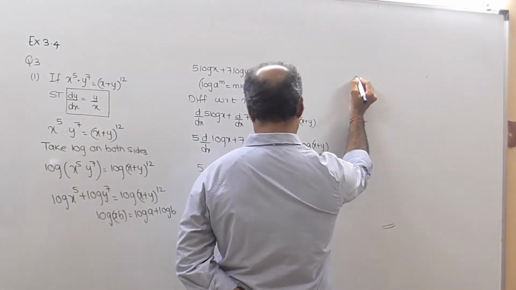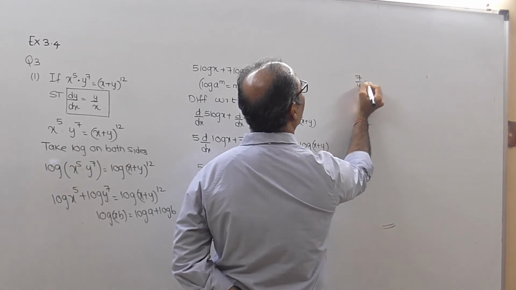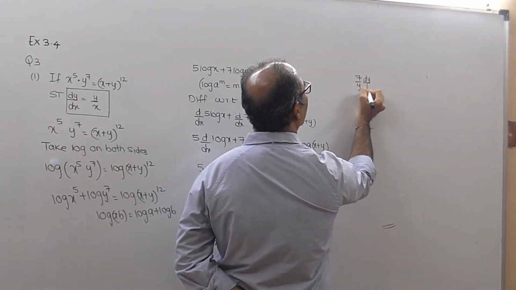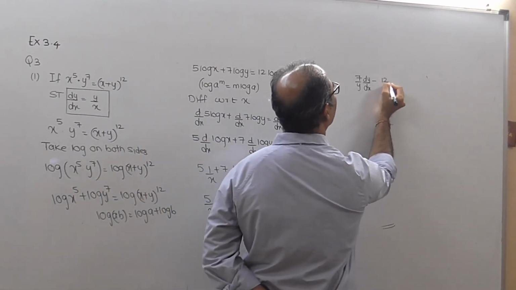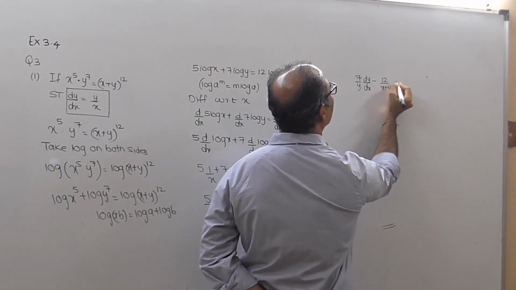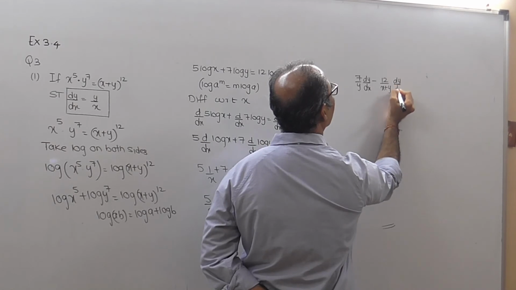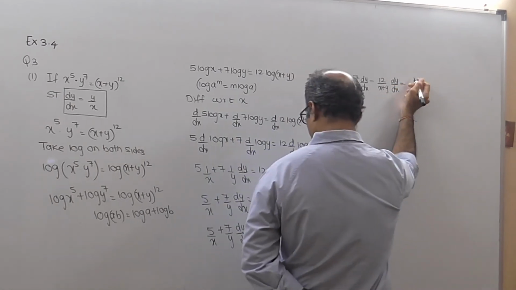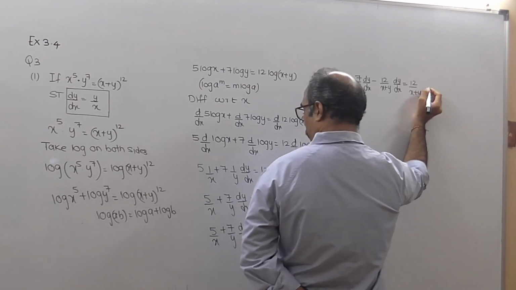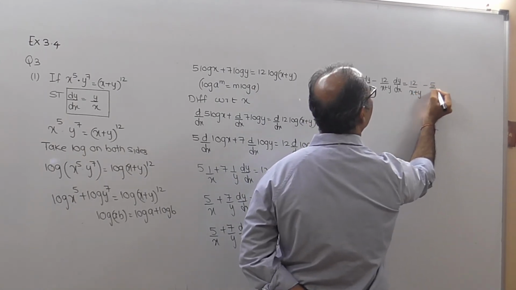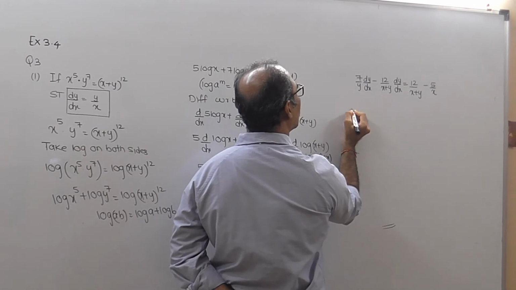So you get 7 upon y dy by dx, all dy by dx terms on the left, minus 12 upon x plus y dy by dx, that is equal to 12 upon x plus y minus 5 by x.